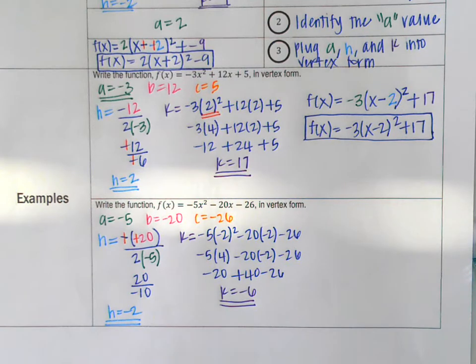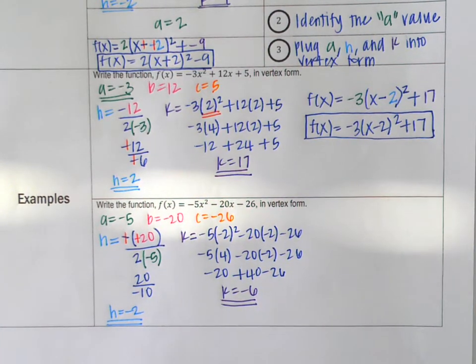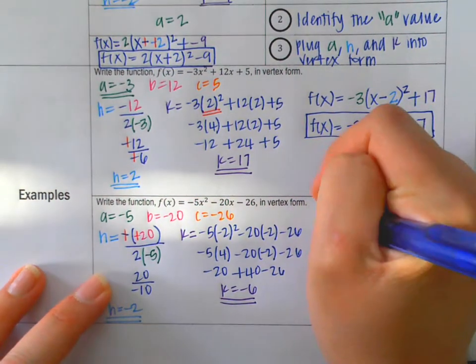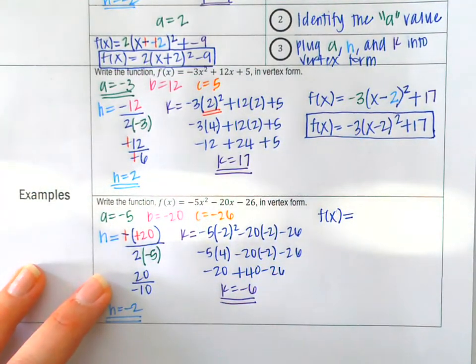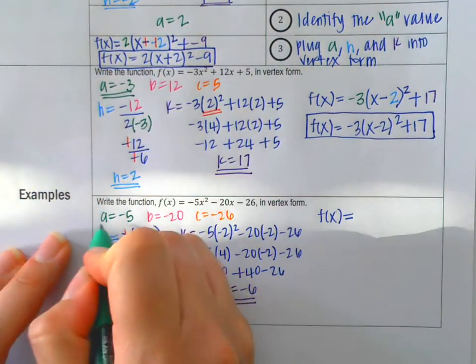And then what I want you guys to do, try plugging it into vertex form on your own. So plug that into vertex form, come back, check your work. And I'm going to do that now so you guys can check to make sure. So vertex form, f of x equals A. A we got to be -5.